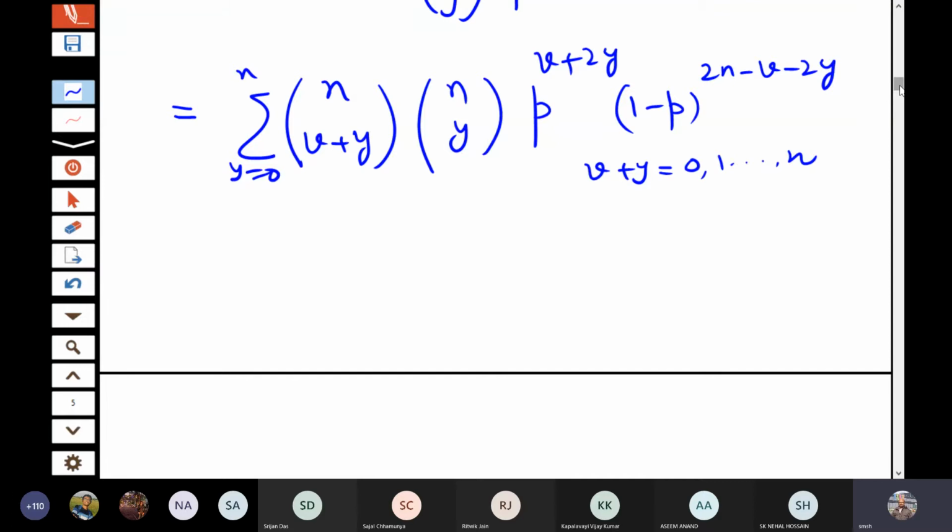Is this okay? So this is a direct probability mass function approach to derive the distribution of function of a discrete random variable.